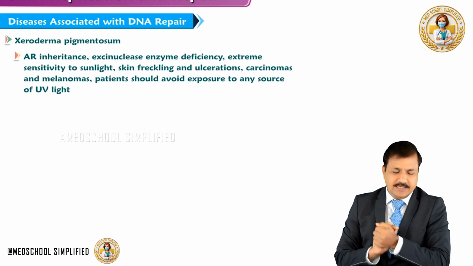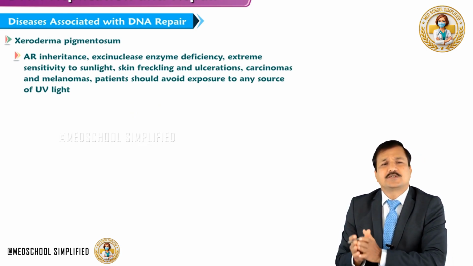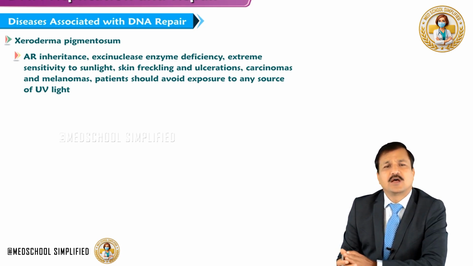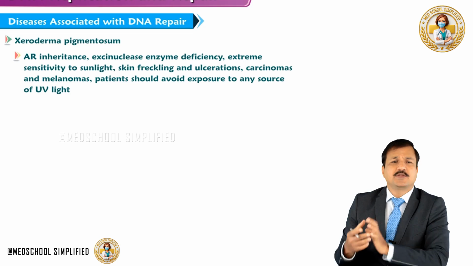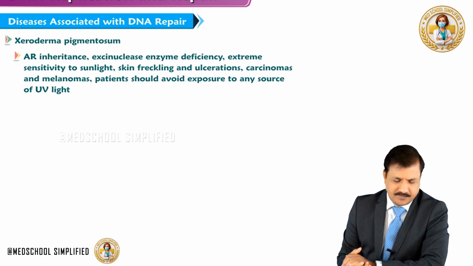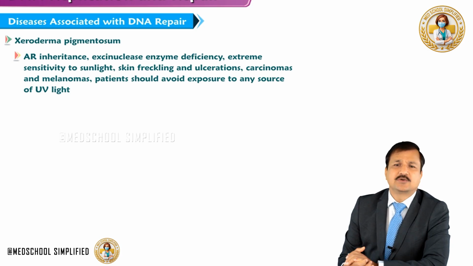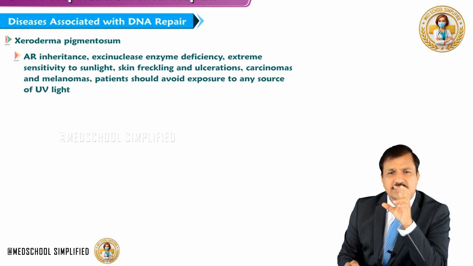Now let's move on to see diseases associated with DNA repair. Inherited mutations that result in defective DNA repair mechanisms are associated with a predisposition to the development of cancer. One of the disorders in that respect is xeroderma pigmentosa. This is an autosomal recessive disorder characterized by extreme sensitivity to sunlight; skin freckling and ulcerations are seen, and also a high risk for skin cancer.